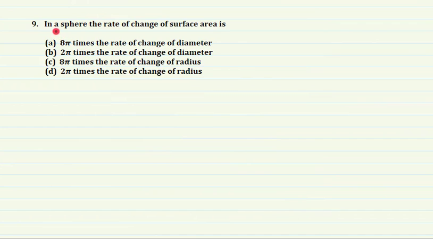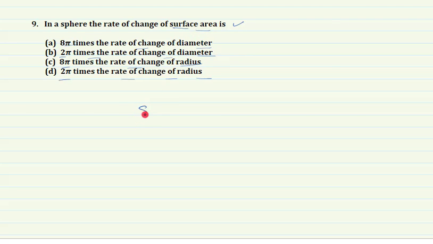So here in this problem, in a sphere the rate of change of surface area is: 8 pi times the rate of change of diameter, 2 pi times the rate of change of diameter, 8 pi times the rate of change of radius, or 2 pi times the rate of change of radius. Means the change in surface area has to relate either with radius or with change in diameter. Okay, so let us start with the surface area.